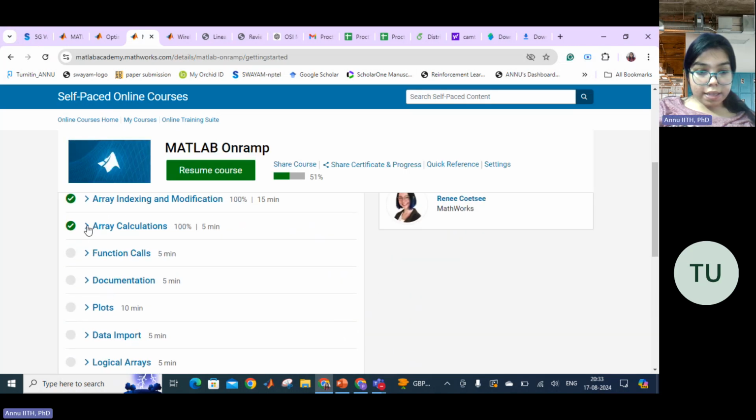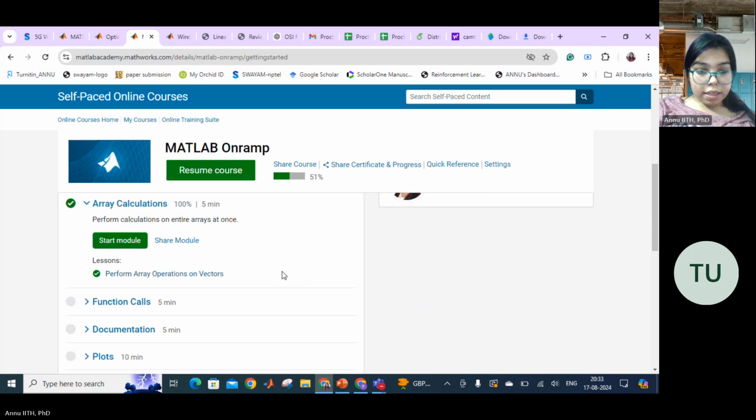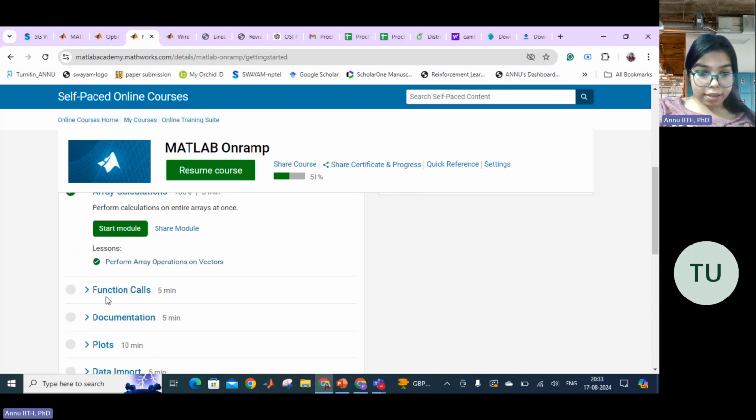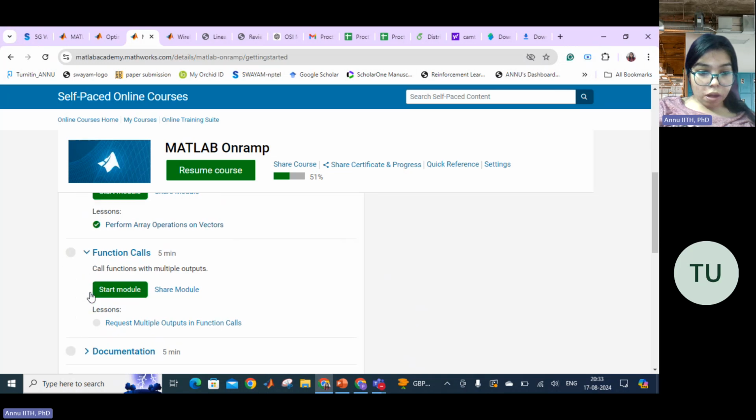So we will see some array calculations. I think we have seen all these things. So we will see the function calls, how we can do them in MATLAB.